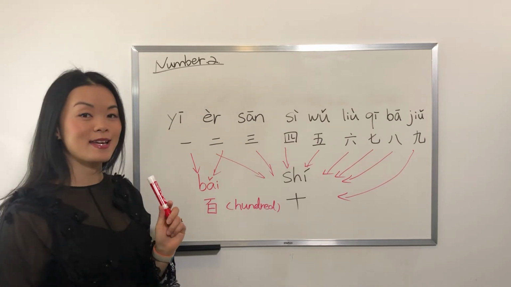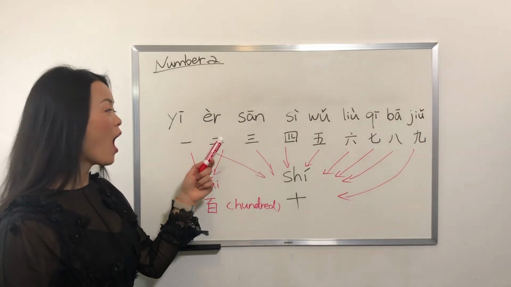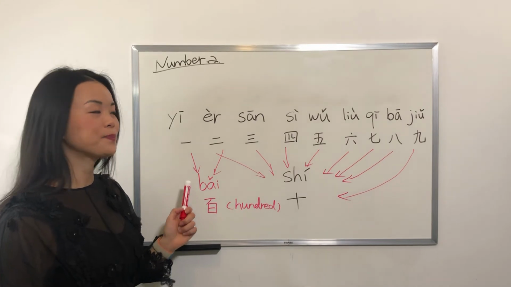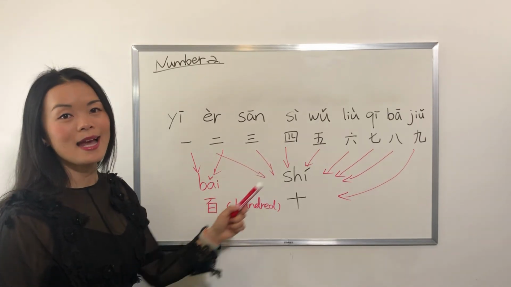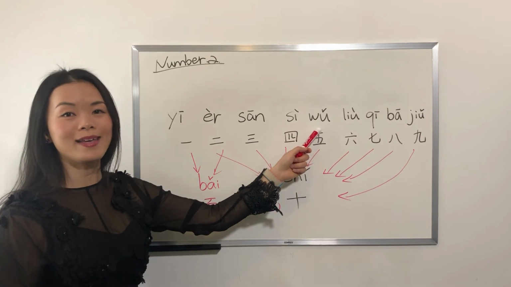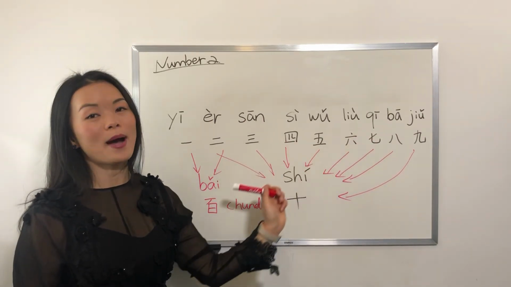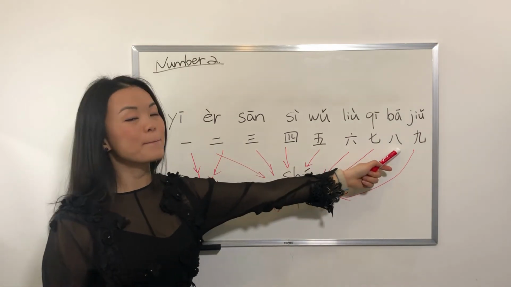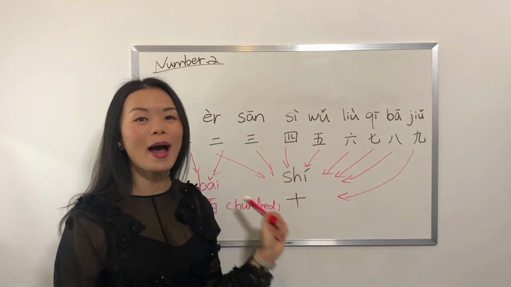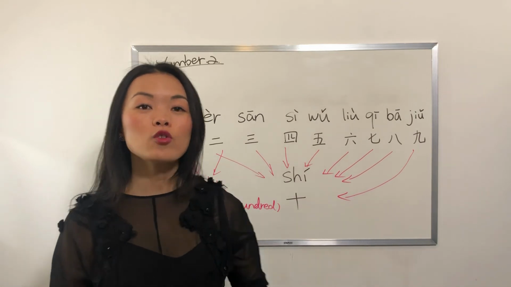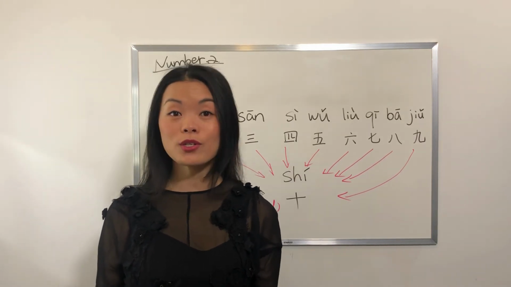So let's get down to 100. 100, 200, 300, 400, 500, 600, 900. That's it.